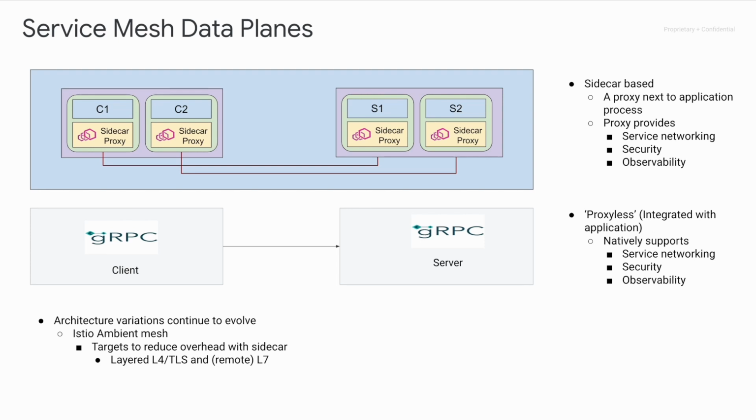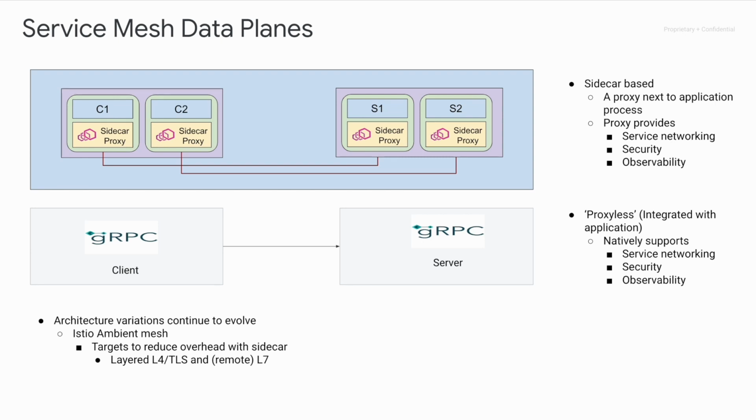gRPC data plane has the gRPC core integrated into the application binary and implements these capabilities directly in the core, integrated with the binary. And these capabilities are implemented with a control plane interaction, all within the application binary.